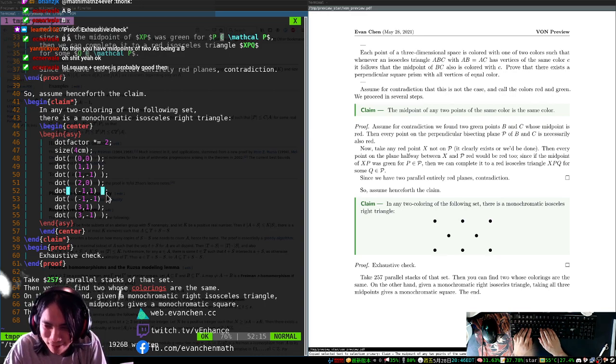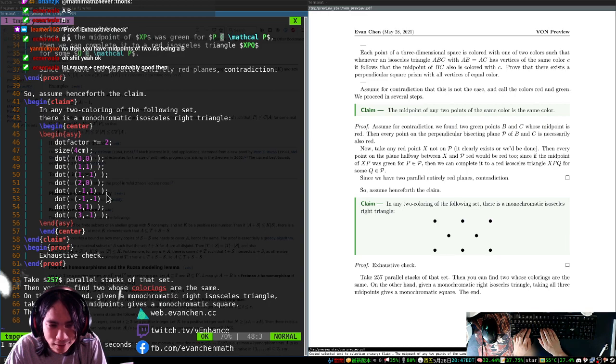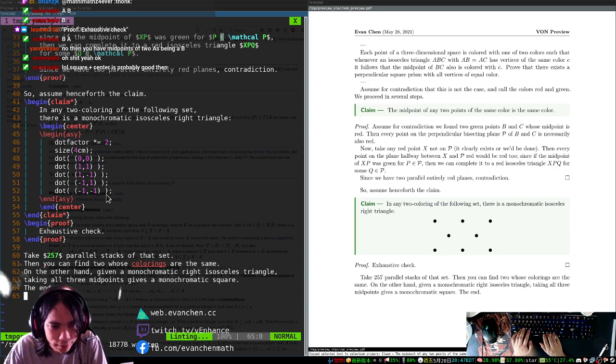Wow. Okay, so which ones am I getting rid of? X coordinate. God, I don't think in coordinates. I don't speak coordinate. Exhaustive check.